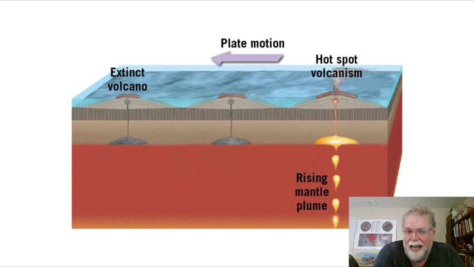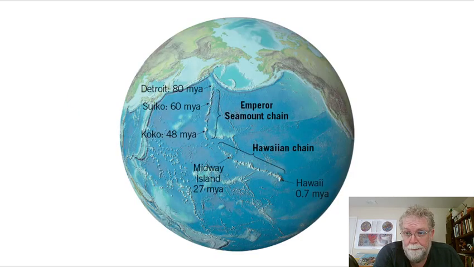So you've got an active volcano there, but then you've got inactive, extinct volcanoes here that moved off of the hot spot, right? And so you can see the arrows showing plate motion. If I draw an arrow from the younger rock to the older rock, it shows me what direction the plate is moving. I mentioned the Emperor Seamount chain, and there it is.